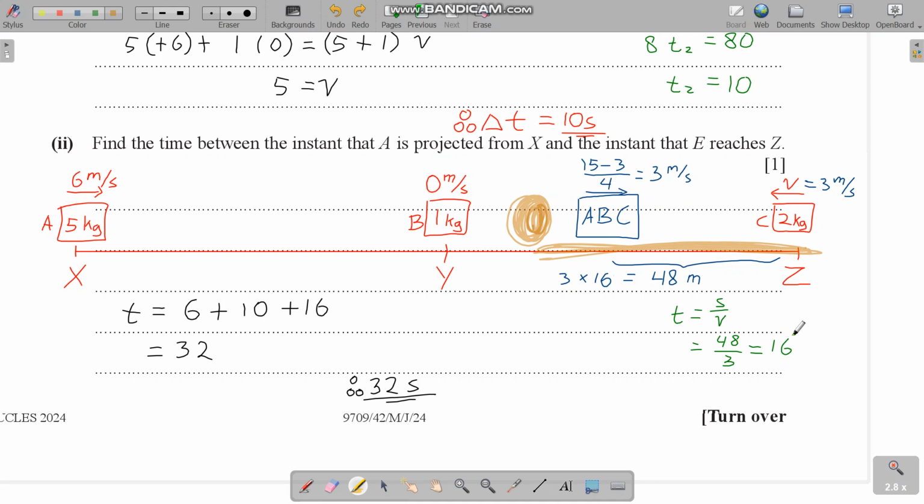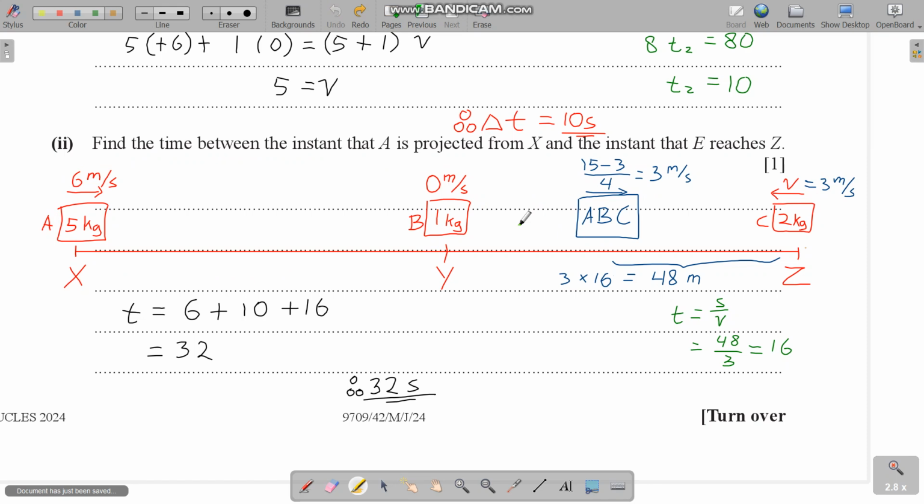So this 16 seconds is the time for the coalesced ABC particle, the E, to move to Z. So in total, the time taken for A: 6 for the first collision when A is moving to B, 10 is when the combined AB meets C around here, and 16 is the time for the combined ABC to move here. So in total 32 seconds.